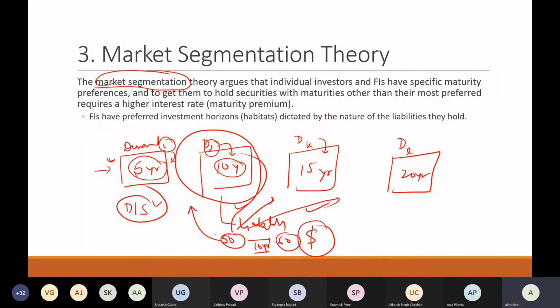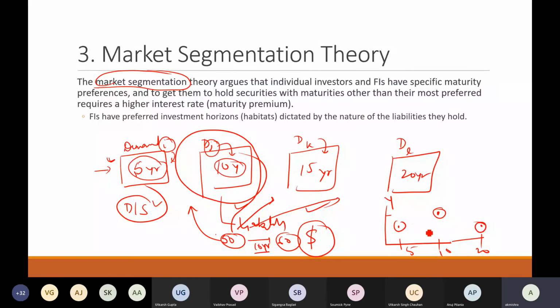And that's why you can think about any type of relationship, let's say 5-year, 10-year, 20-year. Let's say more demand is there for 10 years, so here you will have high yield. There is less demand for 5 years, and there is least demand for 20 years.